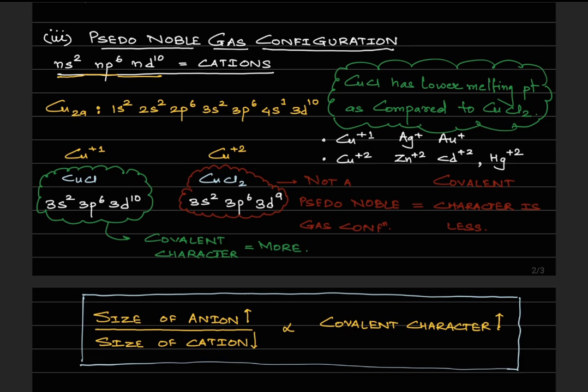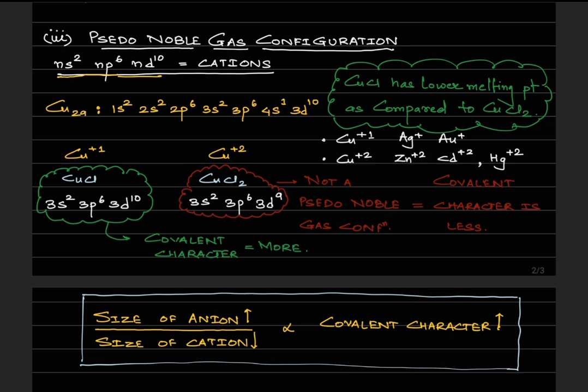So CuCl and CuCl2. CuCl will have more covalent character because of why? Because it is having a pseudo noble gas configuration, whereas CuCl2 will have a less covalent character because it is having a normal configuration, or I would say it is not having a pseudo noble gas configuration. Okay, then similarly we also discussed which are the cations that could give you pseudo noble gas configuration.